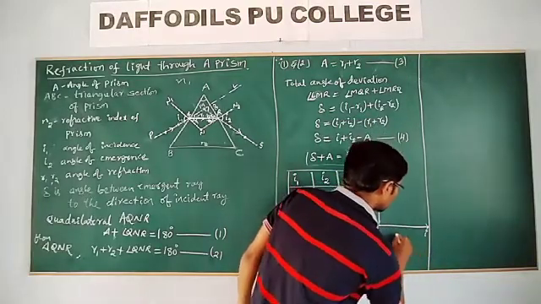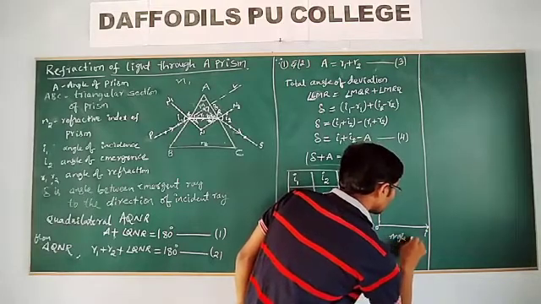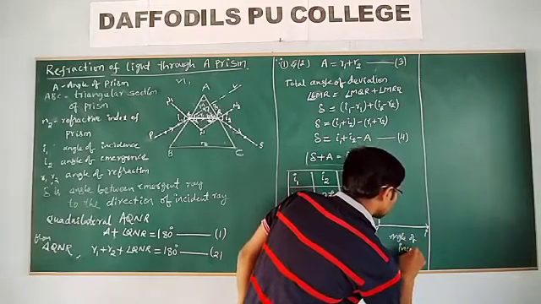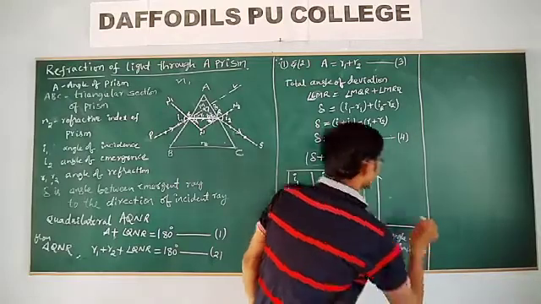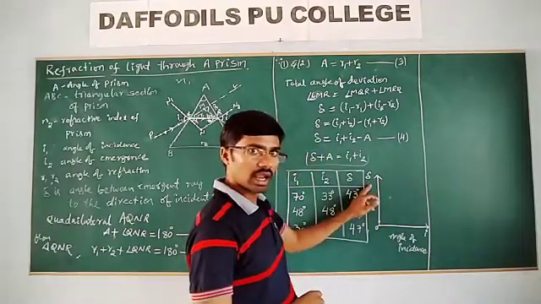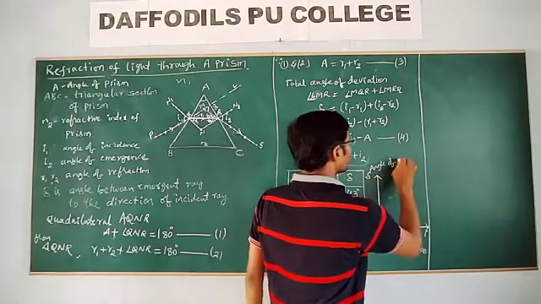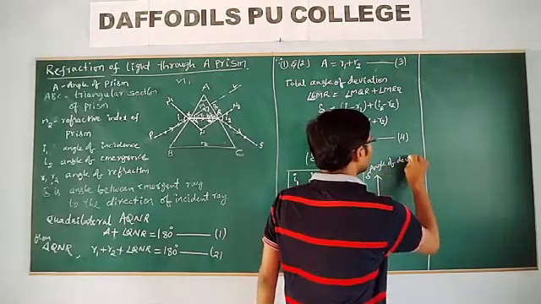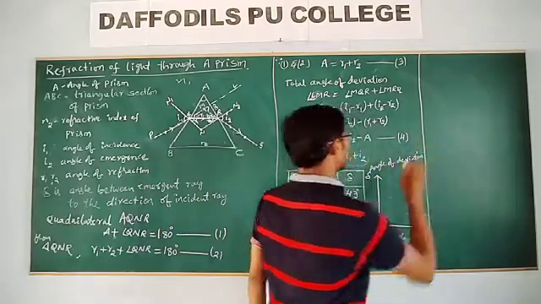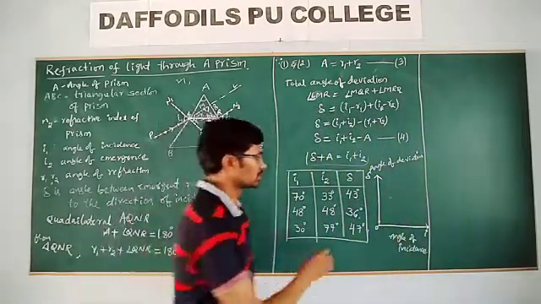This axis is the angle of incidence, and this, delta, is the angle of deviation.